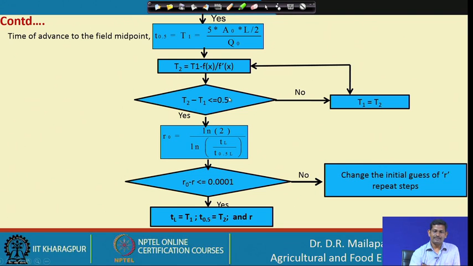Now next, the advance point at the middle point, or at L by 2, okay. We will follow the same procedure.